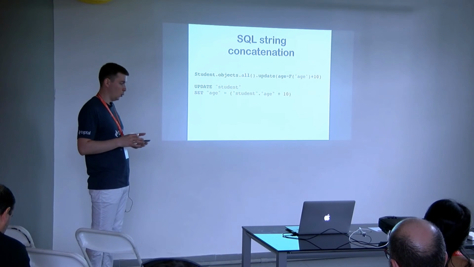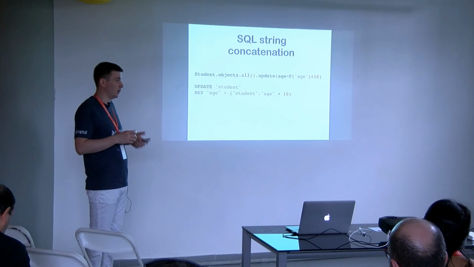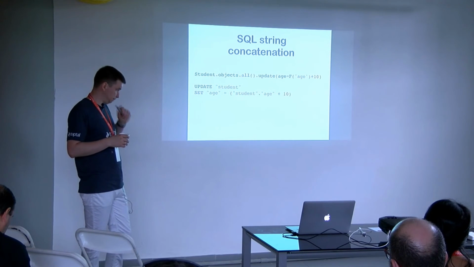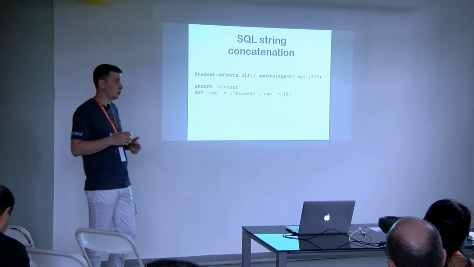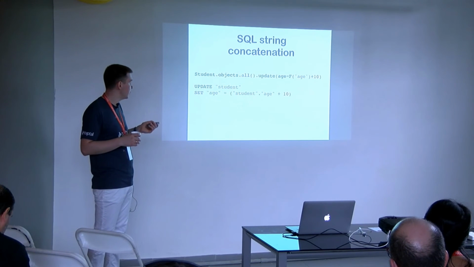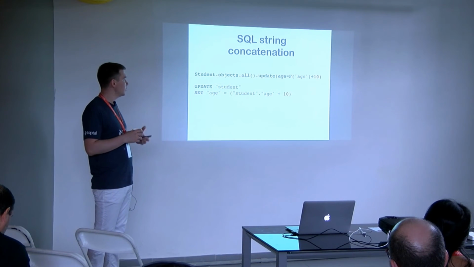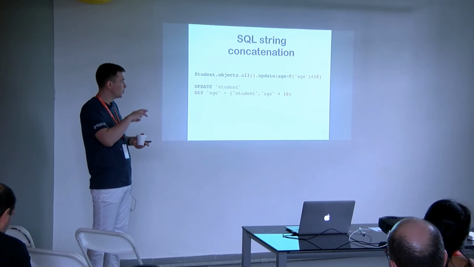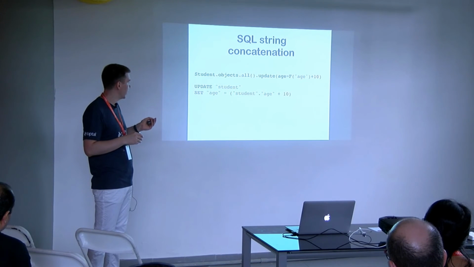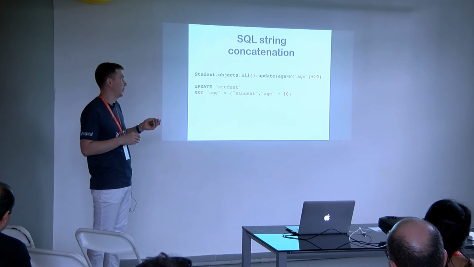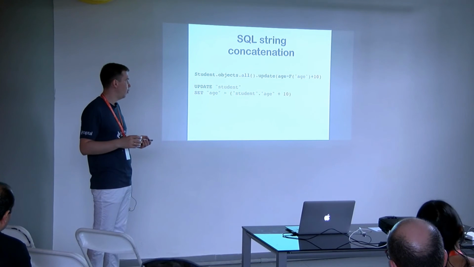We have in our database some tables with 30 million records, and it's not a good idea to loop. Yeah, you can do it in one statement, like you can do it in plain SQL. You can use the F function, you can import it, and you can just play in your clause with column values, like you can do in set, like age equals student age plus 10. Like, let's make all students older by 10 years, for instance.